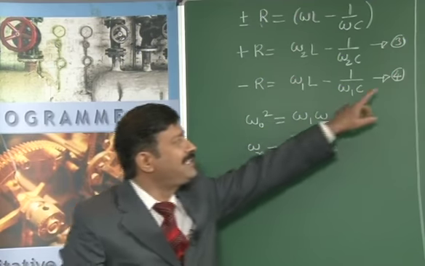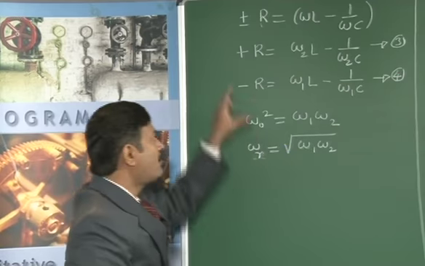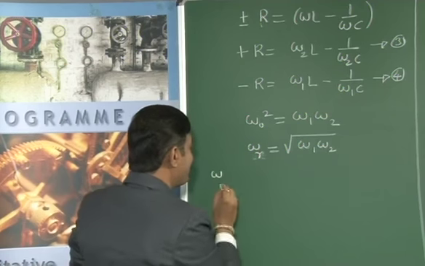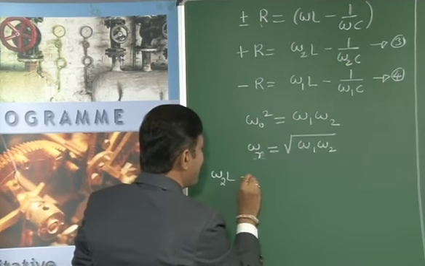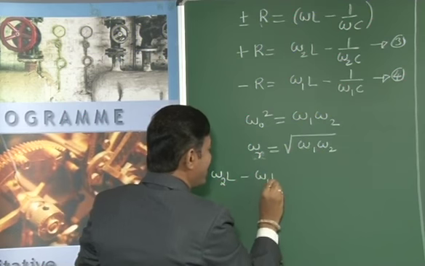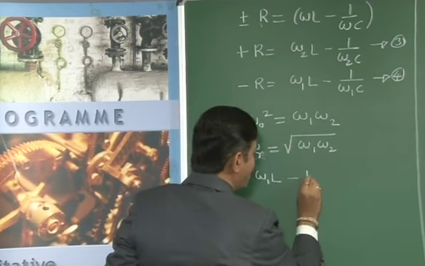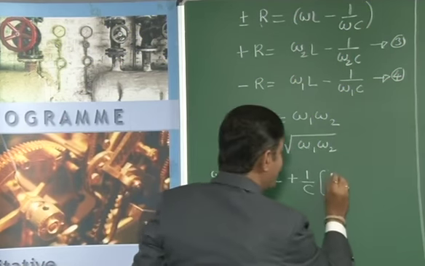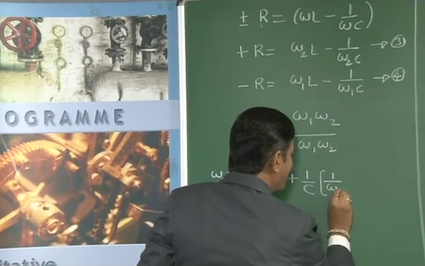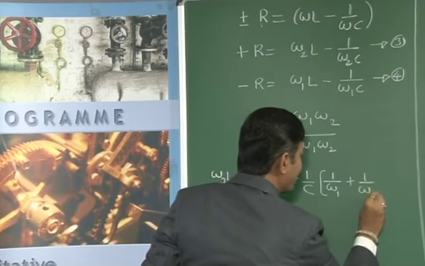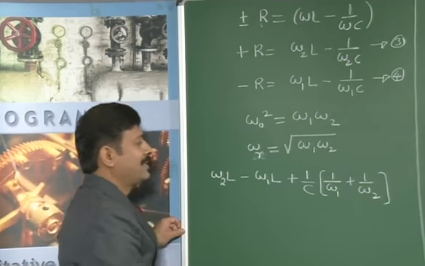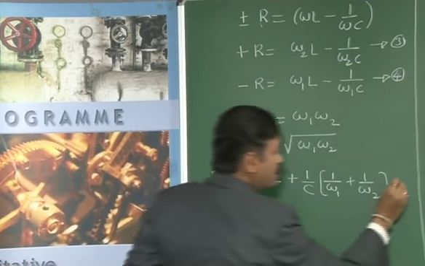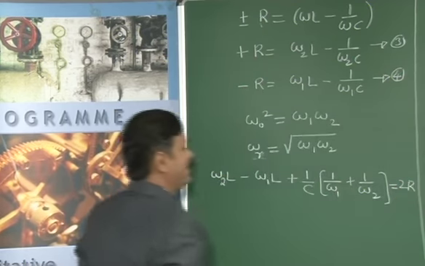Later, subtract equation 3 minus 4. What do we get? Omega 2 L minus omega 1 L, minus 1 plus 1 by C, I will take common. This will become 1 by omega 1 plus 1 by omega 2, is equal to R minus of minus R, which becomes 2R.